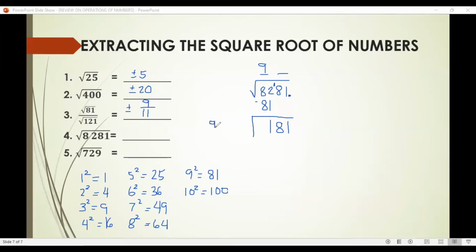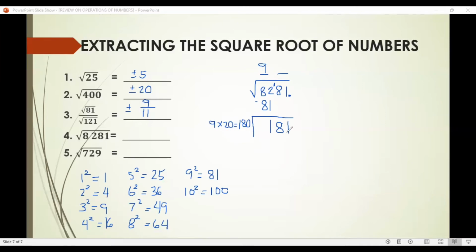That is 9. And we are going to multiply that with the constant 20. Now, you might ask, is it always 20? Yes. Is it always 9? No. It depends on the number that is written here. So 9 times 20, it's equivalent to 180. This will serve now as our partial divisor.